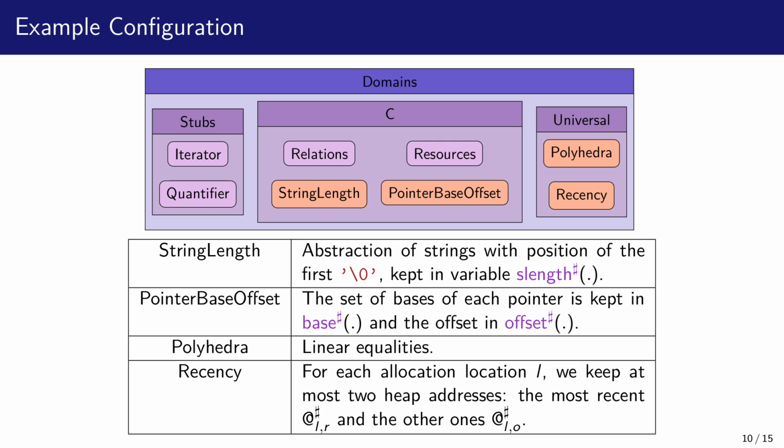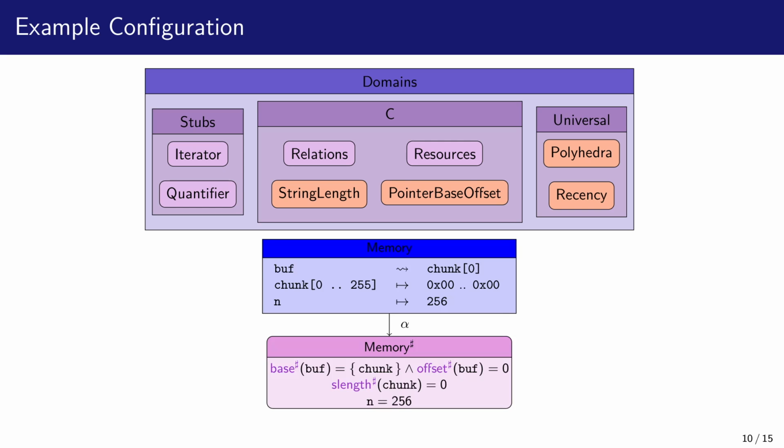And we have also the classic pointer-based offset domain that keeps the bases and the offsets of a pointer in separate variables. And for the universal part, we have polyhedra for the numeric part, and we have also the recency abstraction for abstracting heap addresses.